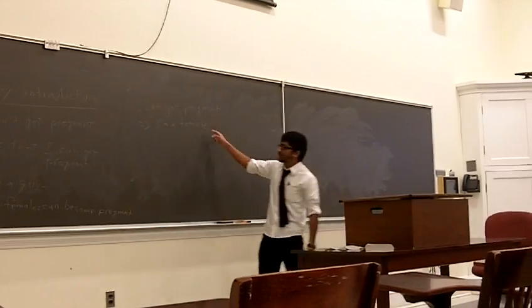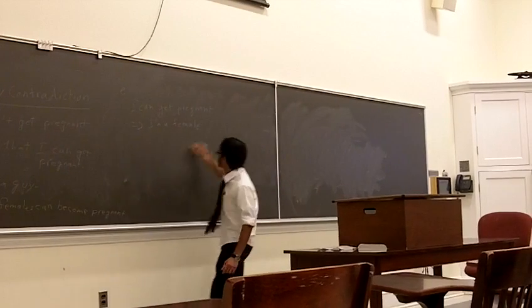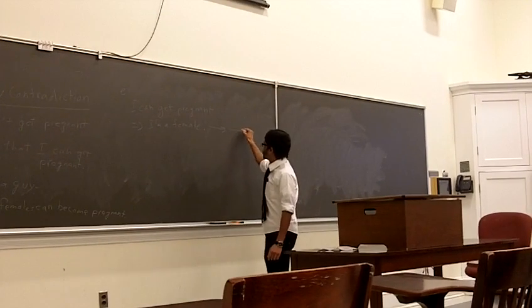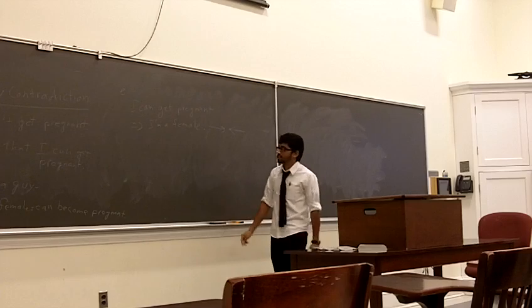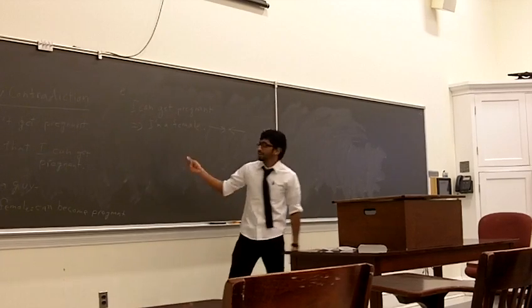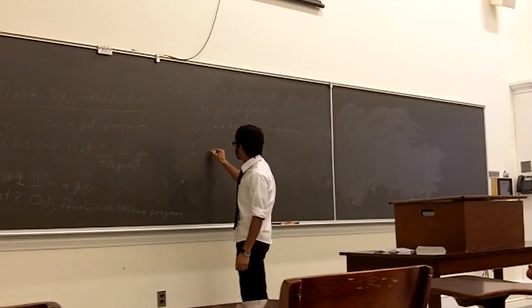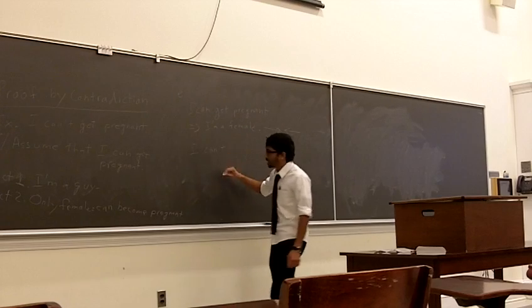And that's a clear contradiction of the first fact. So that's a contradiction. And because that's a contradiction, we can say that I can't get pregnant. That's very simply how you do a proof by contradiction.